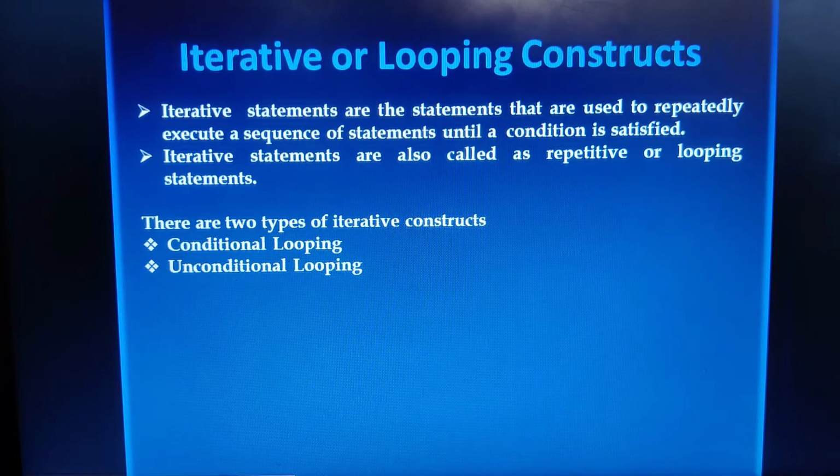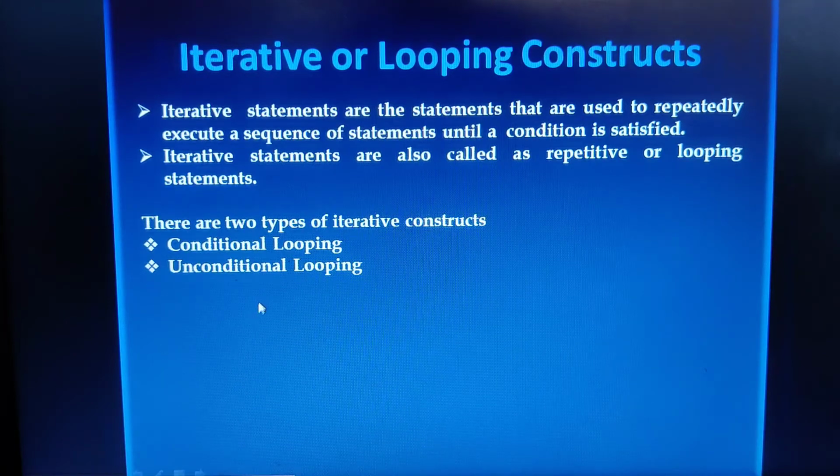Here, the number of repetitions will not be known in advance. Say, for example, the while loop or a do while loop we can use when we don't know how many times the loop has to be iterated. Those are the examples for conditional looping statements.